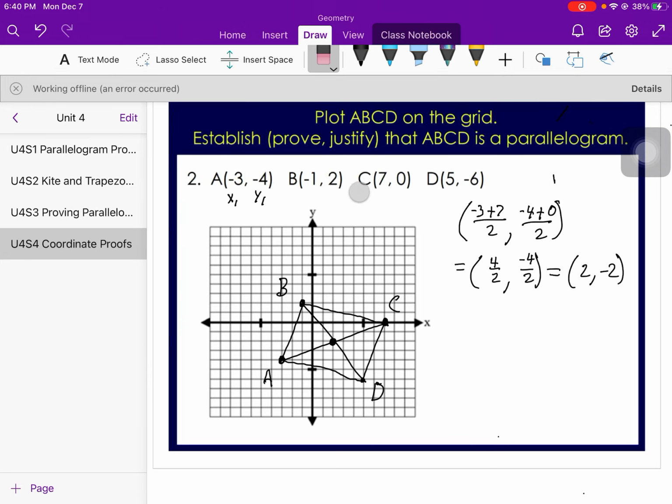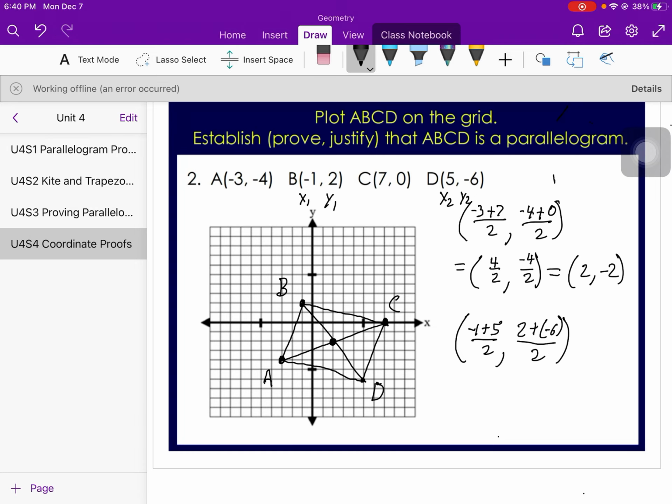Now I'm going to erase these and do the same thing, but this is going to be my new x1, y1, and this is going to be my new x2, y2, because we're using the other diagonal this time, between B and D. X1 is going to be -1 plus 5 over 2. The other one is going to be 2 plus -6 over 2.